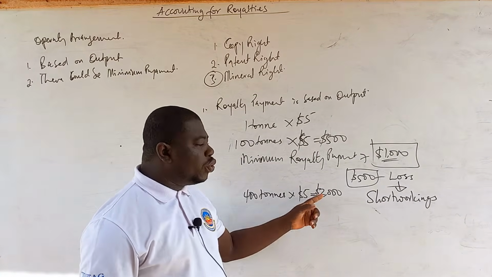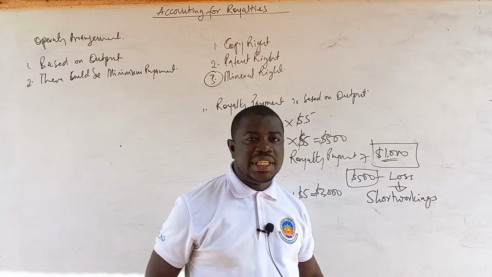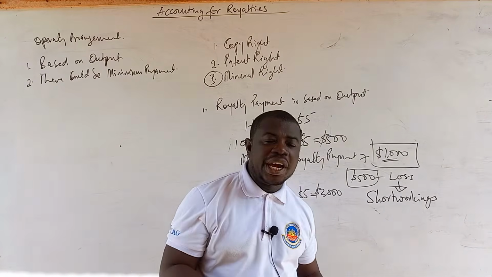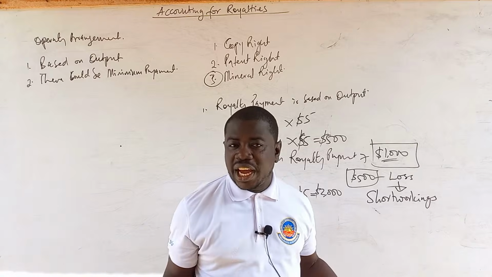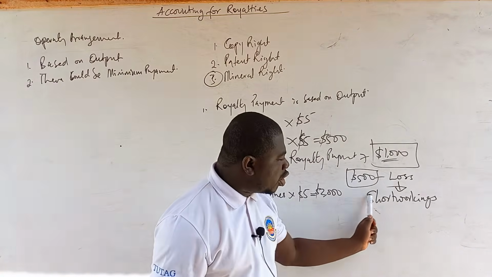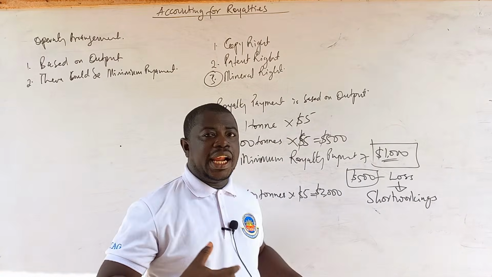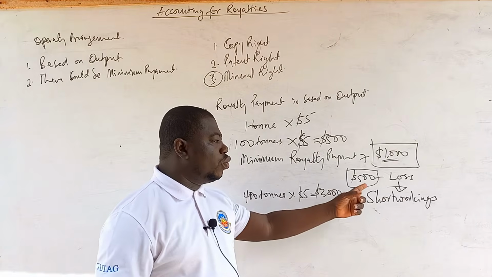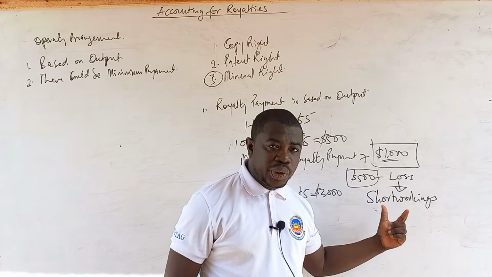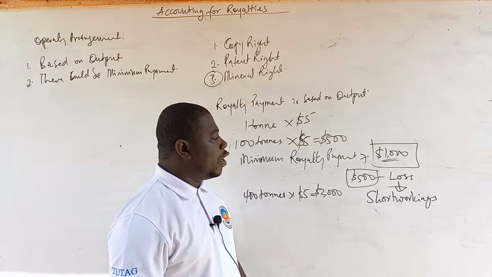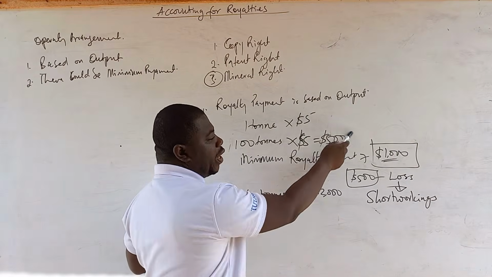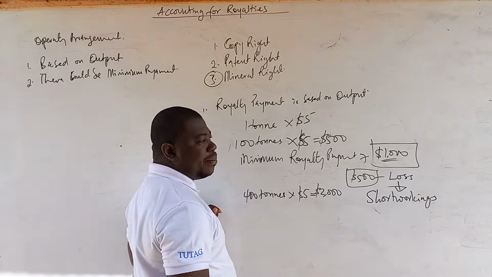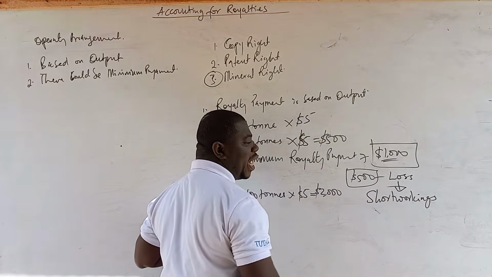And so if you are getting 2,000 for the subsequent year as royalty payable, it could be in the agreement that the loss you made in the previous year, the landlord could be lenient enough to allow you to recover or recoup. Because in the previous year you were supposed to pay 500, but because of the minimum you had to pay an extra 500.